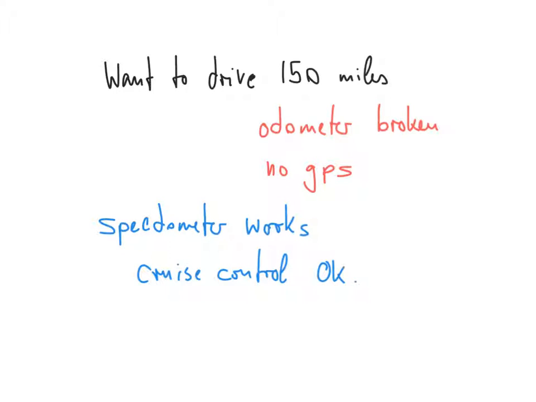Now in that case, there is a solution to this problem, assuming that the highway is rather empty and there's no traffic whatsoever. You would just set your cruise control to 60 miles per hour and drive for 2.5 hours.